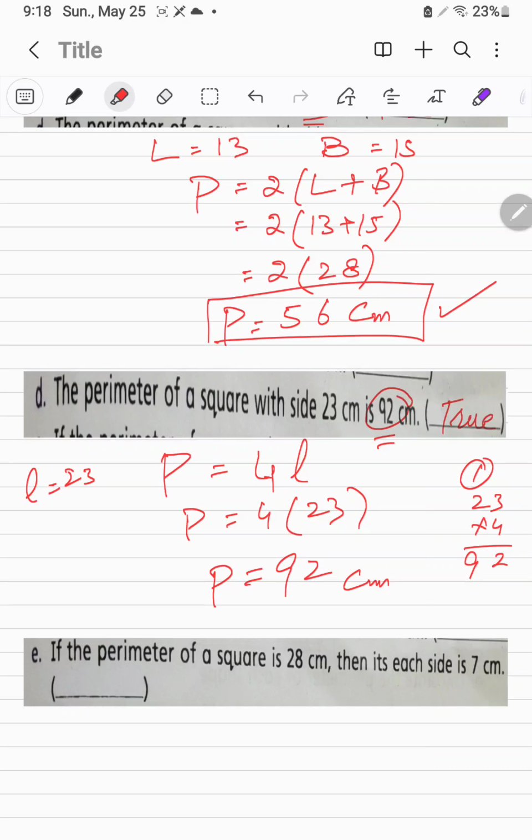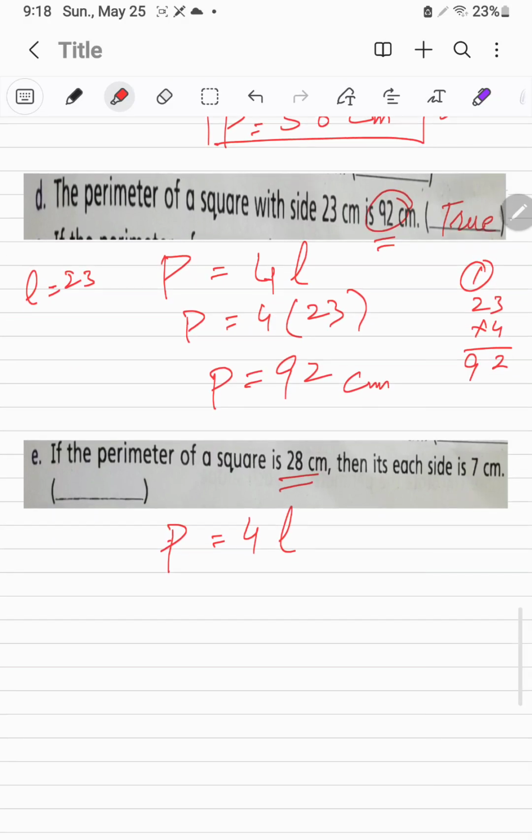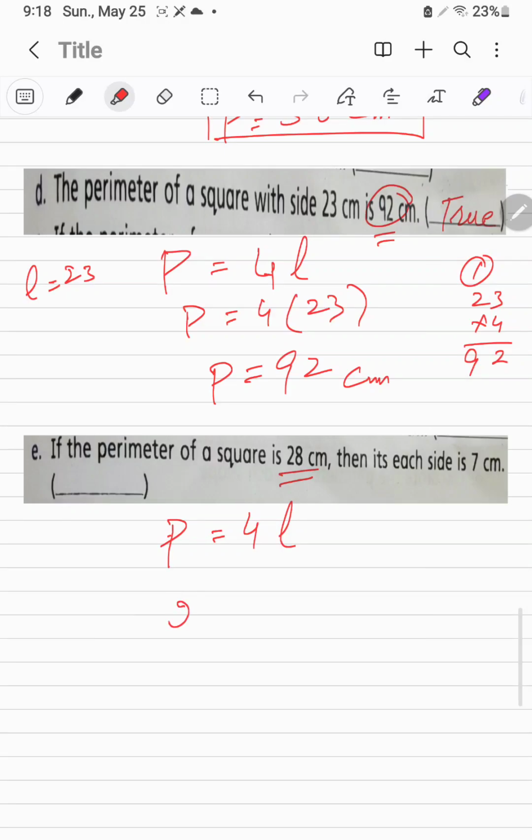Next, if the perimeter of a square is 28 centimeters, then its each side is 7. We have the formula: perimeter is equal to 4L, and here the perimeter is given, it is 28.